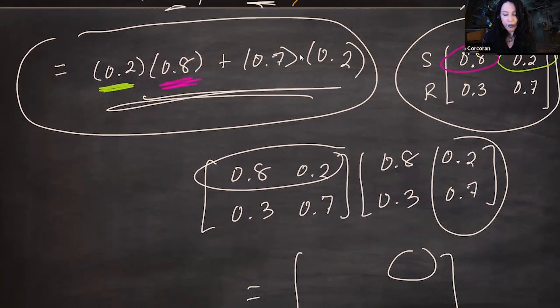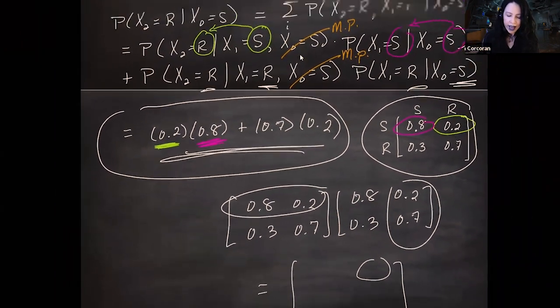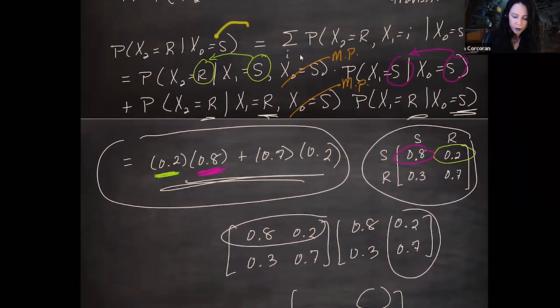And so it appears, but we're going to prove it, that if you want to go from one state to another in 2 time steps, you can just look at that entry in the square of the matrix.